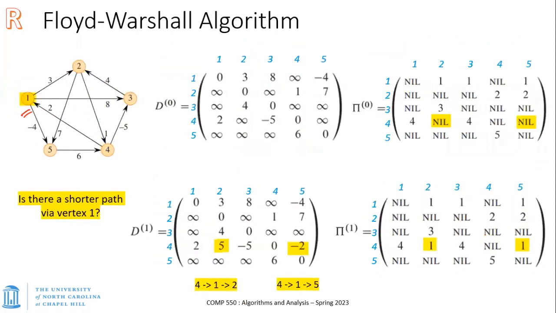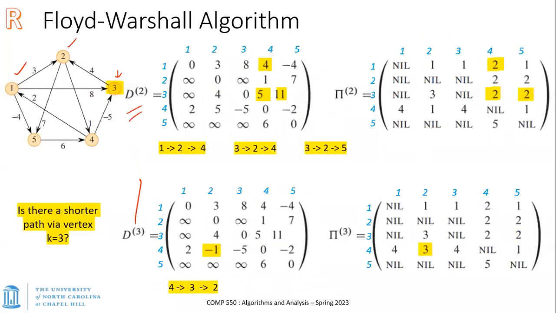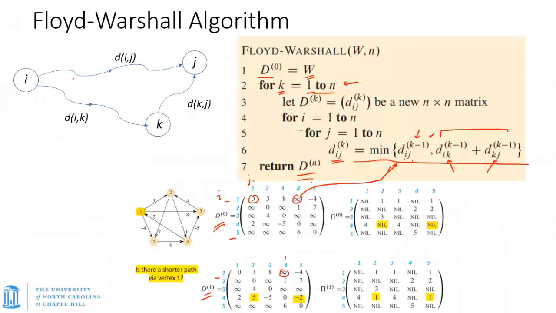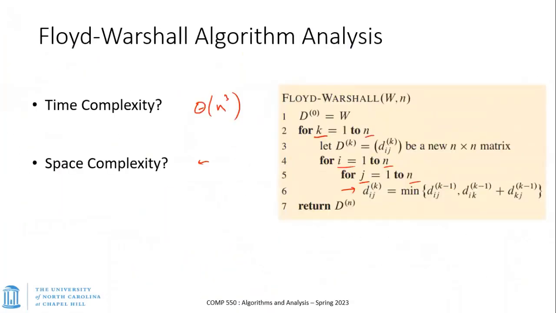We started with D0, and we can forget about pi 0 for the time being, but we went from D0 to D1 to D2 to D3 to D4 to D5, right? So what do you think the space complexity is going to be? Somebody right in the back, yeah. All of n squared. And why do you say that?